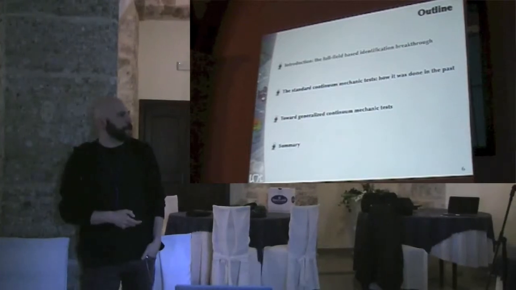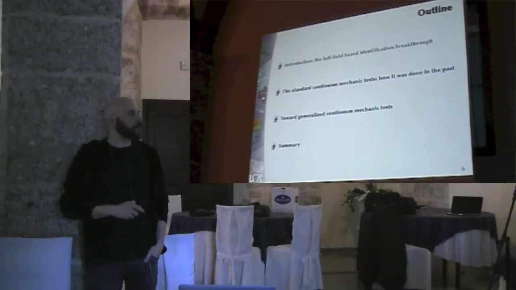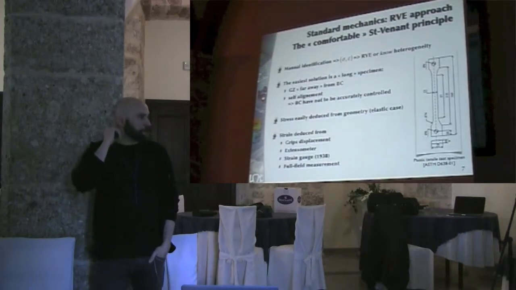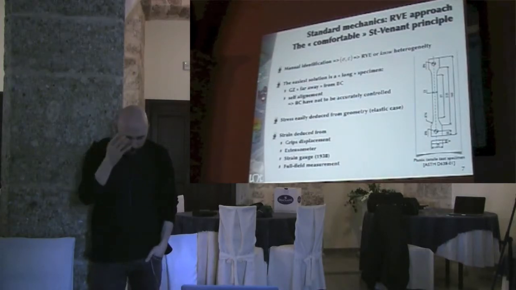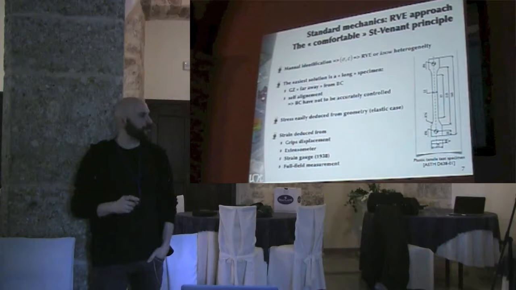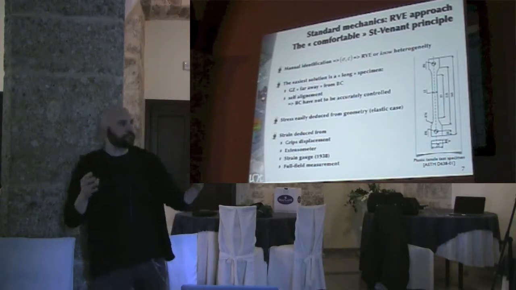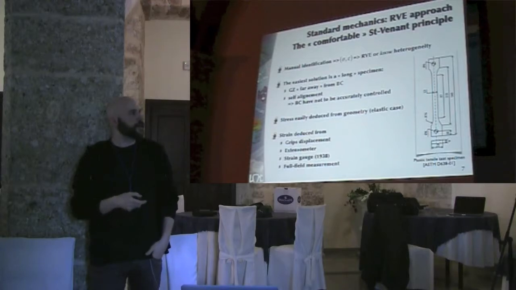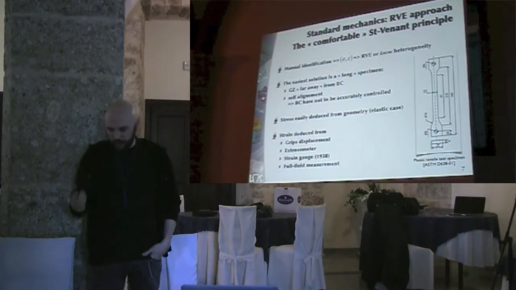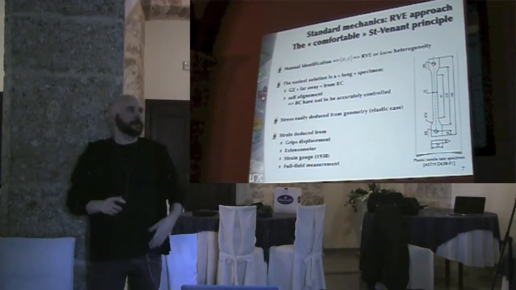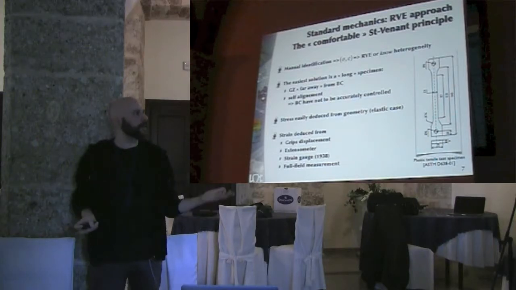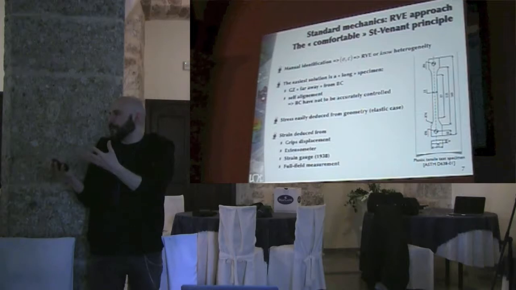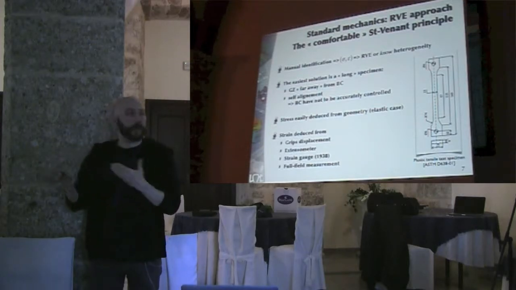So, what has been done concerning standard continuum mechanics? The first idea that emerged at the very beginning of the 18th century, just a little bit before, is that if you want to study a phenomenon, if you have to perform a manual identification, the only things you can handle are scalars or curves, okay?